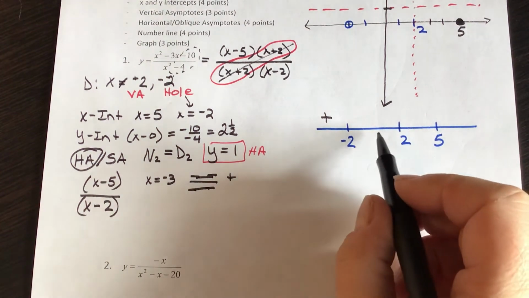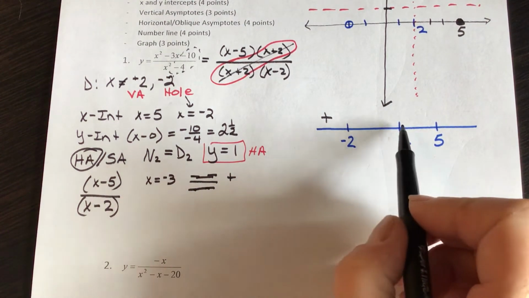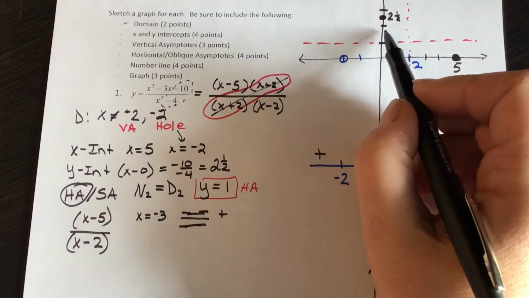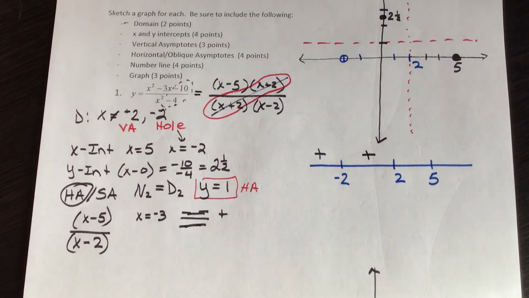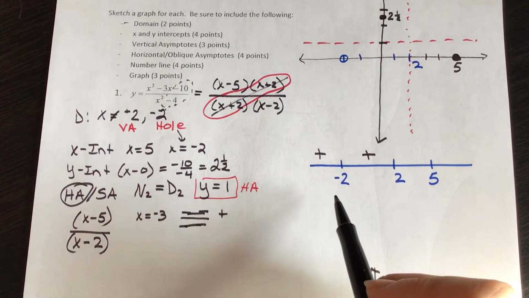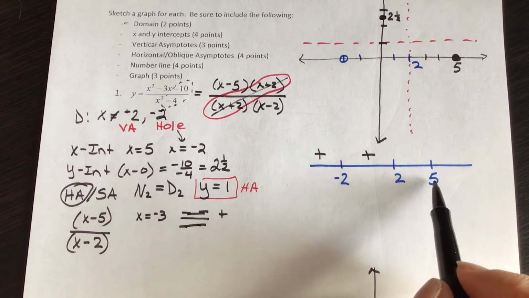At 0, and I'm looking between negative 2 and 2, at 0, I know I have a y-intercept at 2.5, and that's positive. So at 0, I'm going to have a positive value. So anything between negative 2 and 2 is positive. How about 2 to 5?